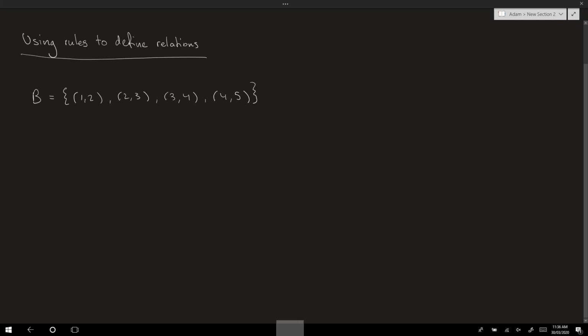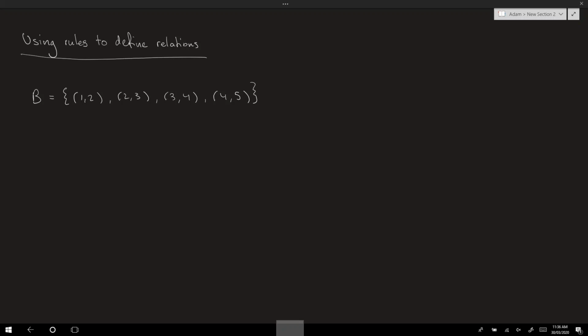Now, can you see a pattern between the x and y variables of these ordered pairs? You should be able to see that the y coordinate is just the x coordinate plus one more.